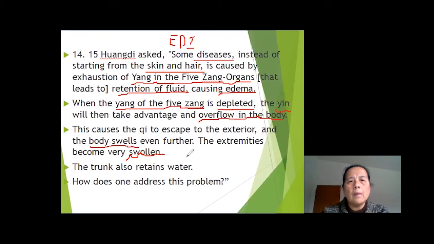There is truly a lot of water retention inside the body, like a truck. So how can we treat this kind of problem? Internal organ disorder causes swelling of the body, water retention, edema. That's the question here.